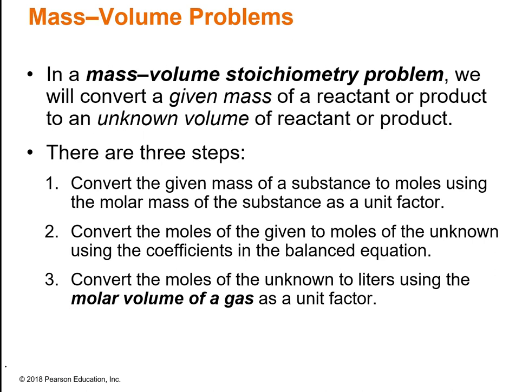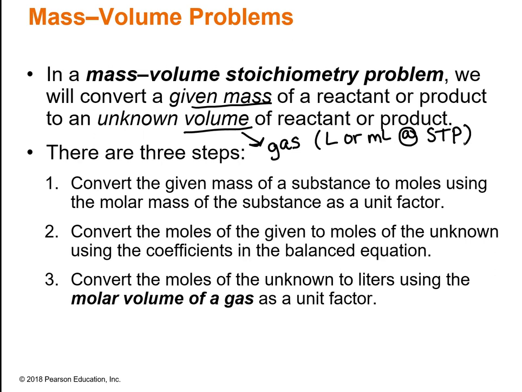With mass to volume, you're given a mass of a reactant or product, and you have to figure out a volume. When we talk about volume, automatically think about a gas. So we're talking about liters or milliliters of gas at STP. Remember that standard temperature and pressure.